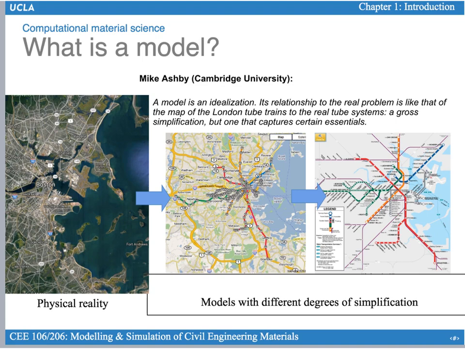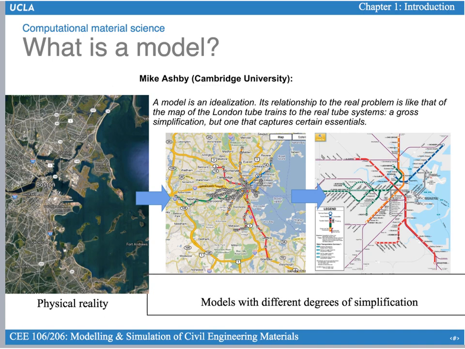You don't care about the streets, etc. But for other types of problems, if you are trying to, for example, measure the distance between two points, or figure out what fraction of Boston is covered by forest, or understand what is the population of Boston, what is the density of buildings in Boston, then other types of details will matter, and maybe the subway lines in this case will not matter.